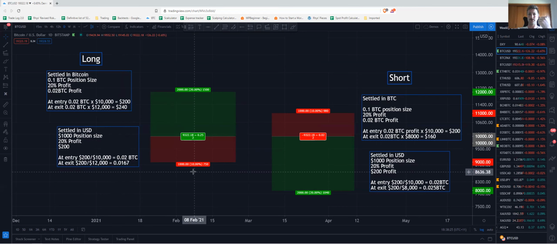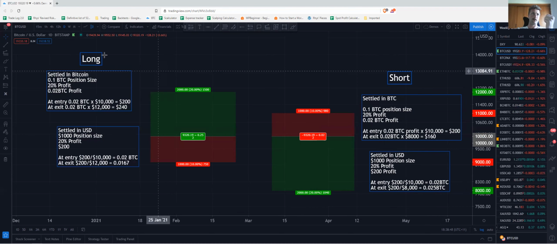So long story short, if I'm looking at taking longs, I take them on a Bitcoin settled exchange like BitMEX. If I'm looking at taking shorts, I'm more likely to take them on something like Binance futures where it's settled in USD, because by taking the trade in USD, I essentially increase the amount of Bitcoin that I can accumulate as price comes down.